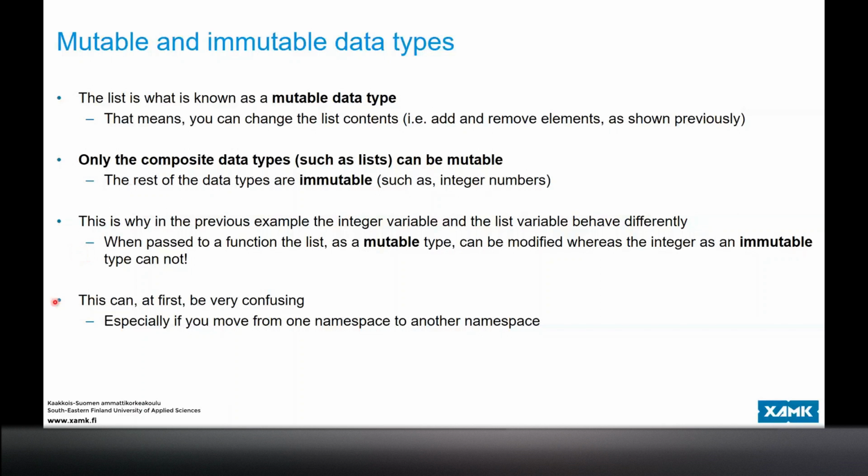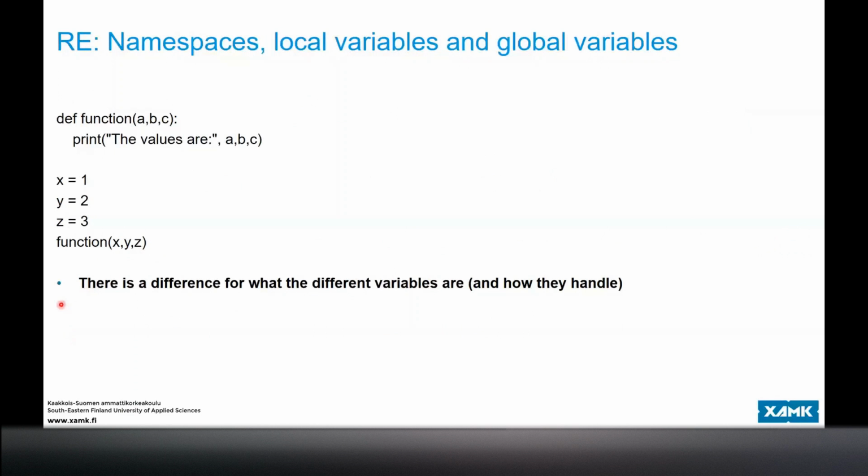And this can at first be very confusing, especially if we happen to be doing this. So we are using functions and we are moving from the namespace of one function to the namespace of something else, such as the main program or maybe another function. So I admit this can be very confusing, but I assure you that it's actually not. So remember how these namespaces actually work. Here we had this function that took some parameters, and then we had these values here and this function call here.